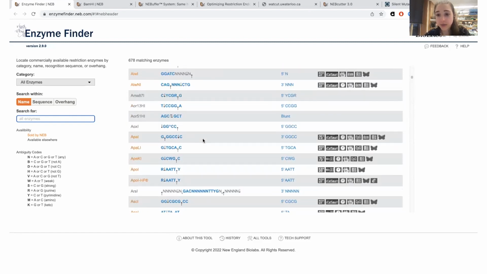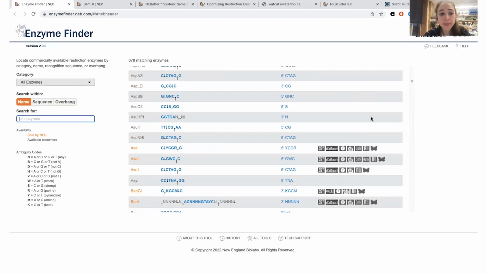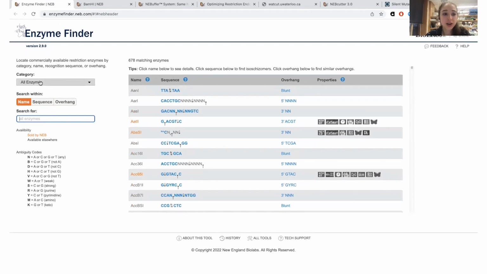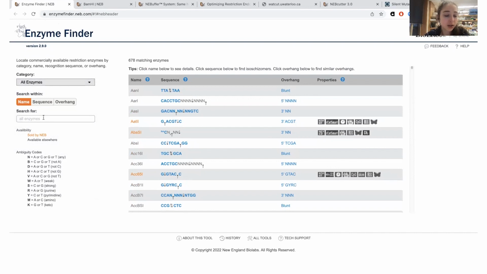You'll also see a lot of information over here about various properties, like incubation temperature, the buffer (we'll talk more about the buffers), whether they're heat inactivatable, and whether they're sensitive to various methylations. So this is just a general enzyme finder, and you can search for specific ones.